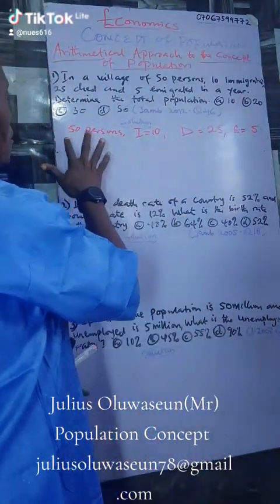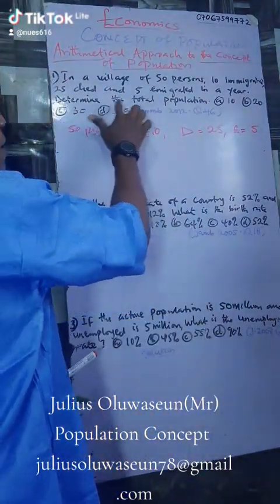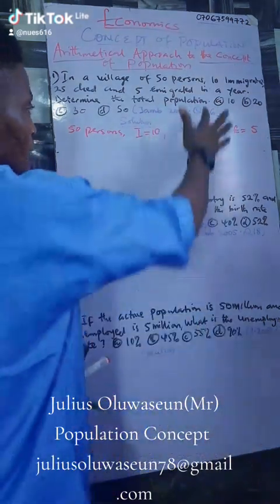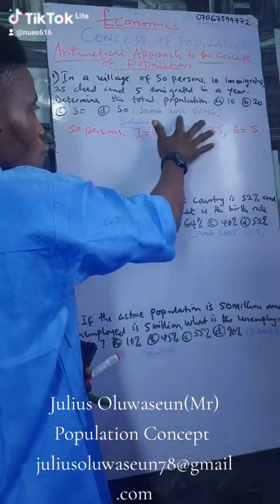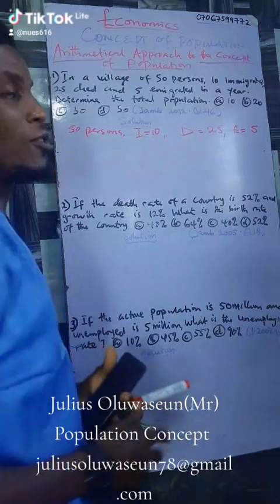Now let's be back. We have this at hand. We are asked to determine the total population, and these are the options. Extraction from JAMB 2012 question 46.